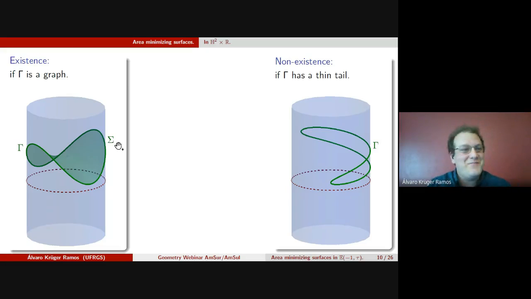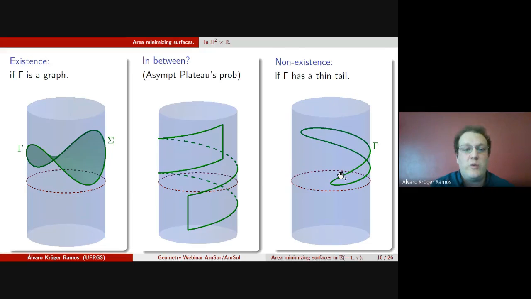Sorry. Okay. So on one hand you have existence if gamma is a graph, and on the other hand you have non-existence if gamma has a thin tail, which is basically a maximum point for the angle function. So what is in between? How can you not be a graph and not have a thin tail?